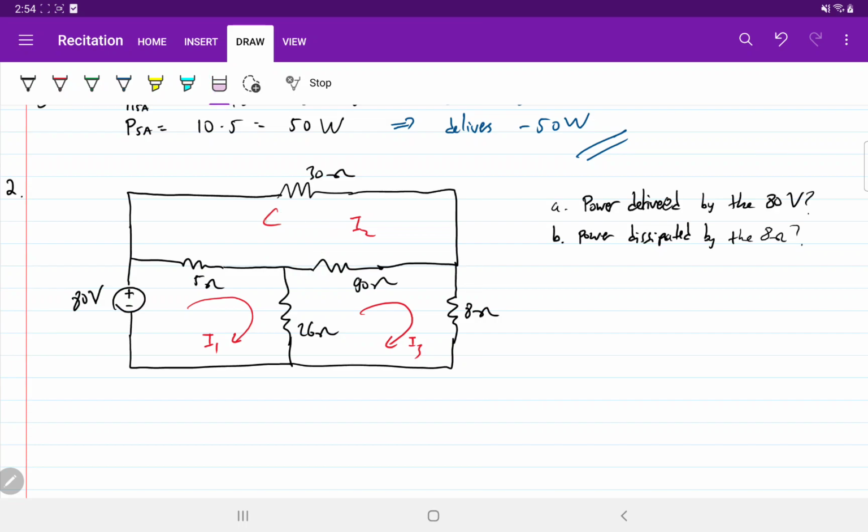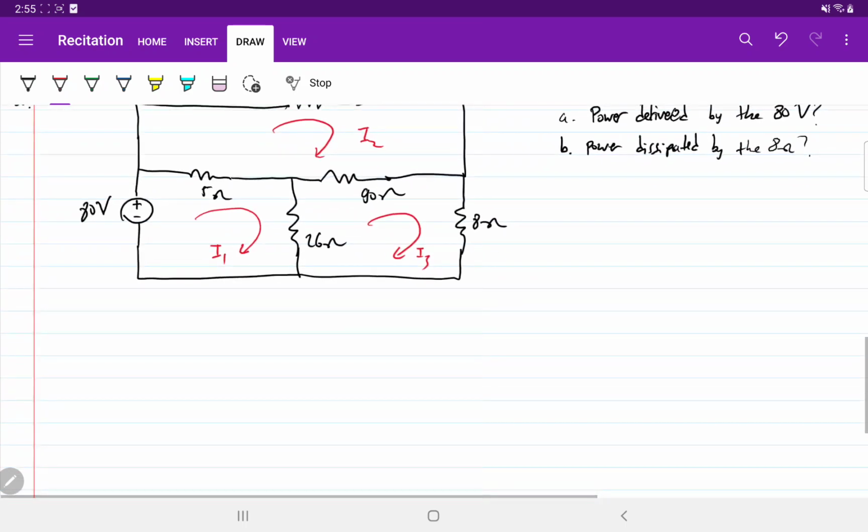But for simplicity, usually we define all meshes clockwise, or all meshes counterclockwise, just for simplicity. All right.